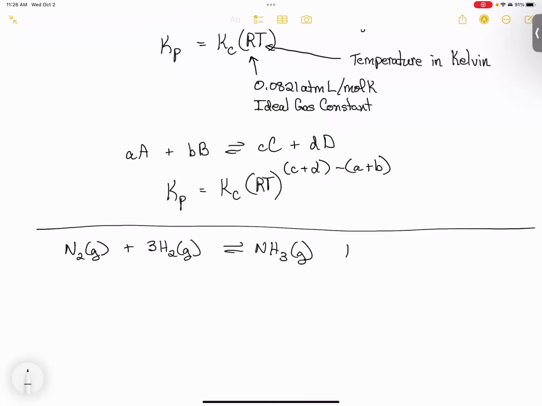This has a Kp of 6.2 times 10 to the fifth at 298 Kelvin. So, what is the Kc?